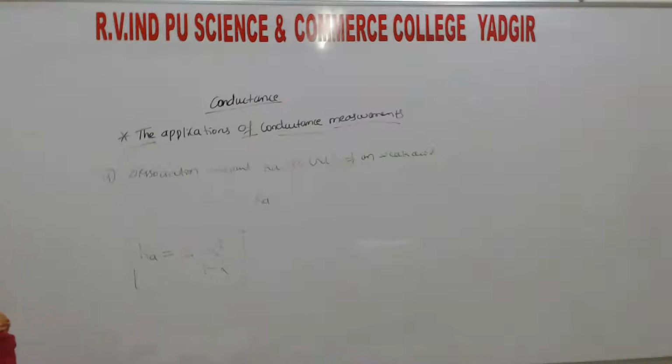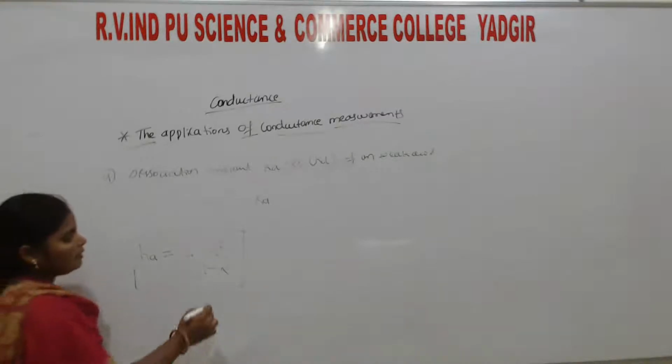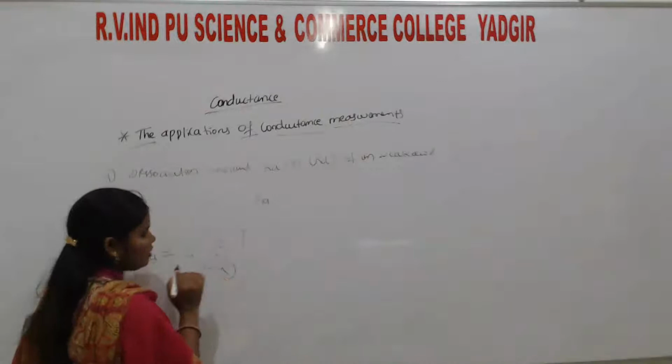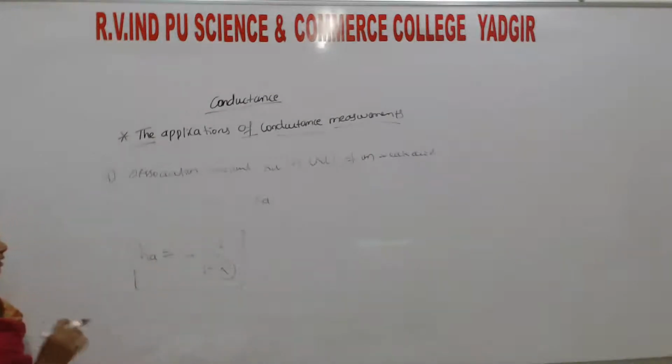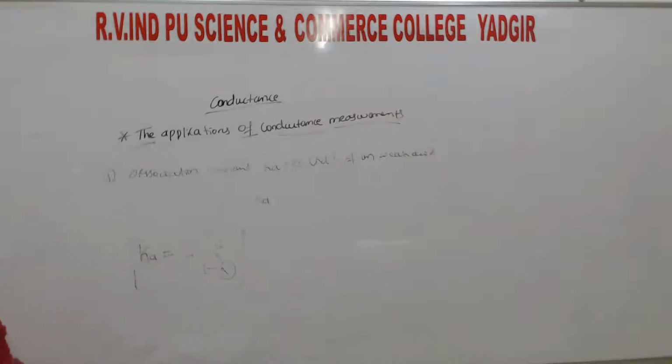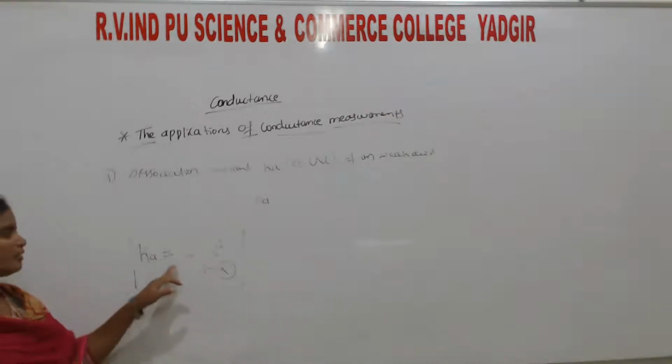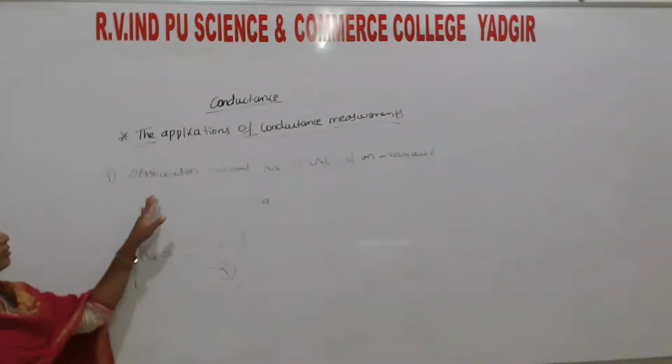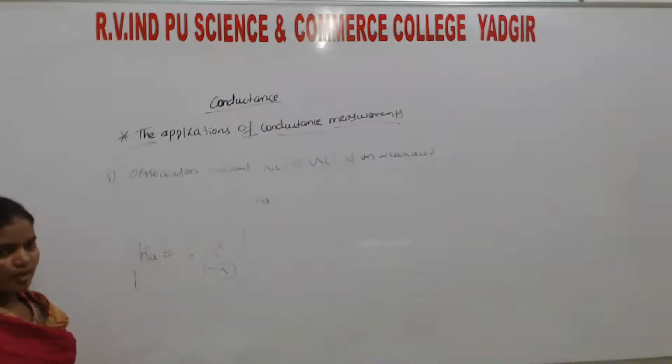If you know the degree of dissociation value, it is very easy to calculate the dissociation constant of a weak acid.